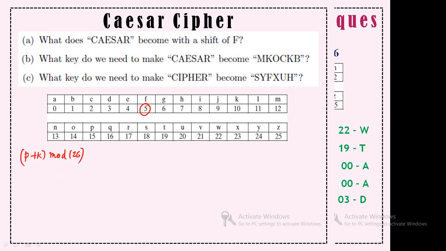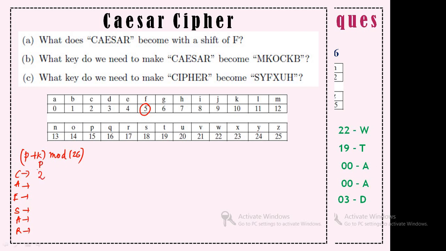So if I just note it down, the word is Caesar, so this is what the plain text is. C belongs to 2.